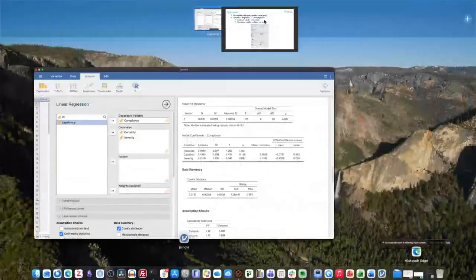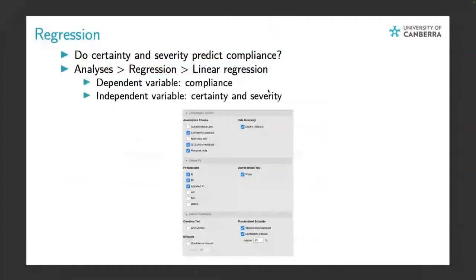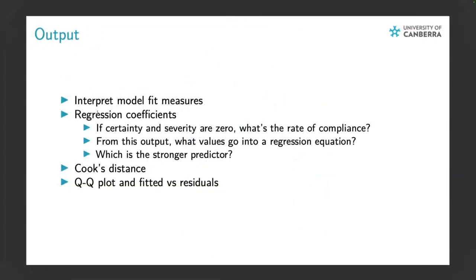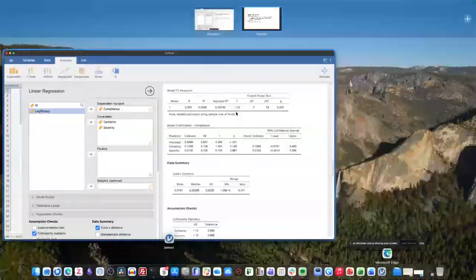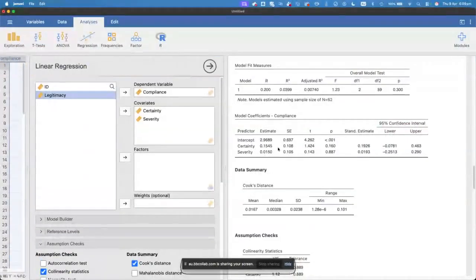Let me make sure I've hit everything here. Some additional questions. So we've interpreted the model fit measures. For the regression coefficients, if certainty and severity are 0, what is the rate of compliance? Does anyone know? If we were to set certainty and severity to 0, what would be the rate of compliance?